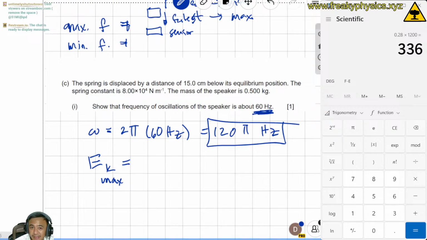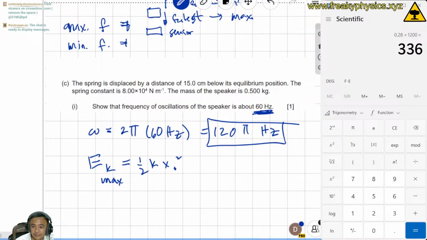Let's use the data booklet, or maybe you have it right now. Can you tell me the energy for an oscillating particle? No, sir, I don't have it. Oh, okay, you don't have the data booklet. All right, let me just pull it up real quick. But it has something to do with 1 half k x0 squared.